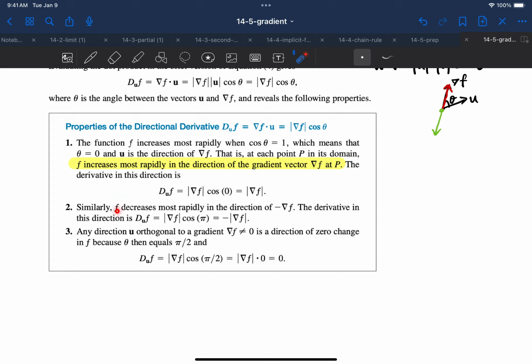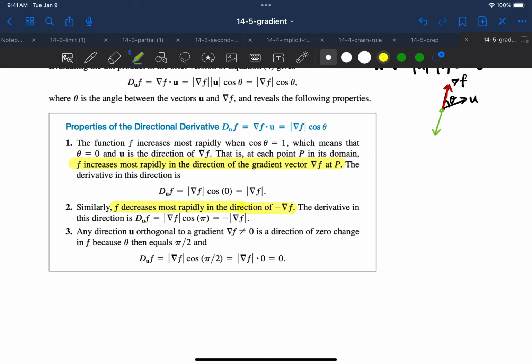If you want to decrease your height as fast as you can, then you take negative gradient f, because when you look at cosine theta, you want it as small as possible, and the minimum of cosine theta is negative 1 when theta is pi, or 180 degrees. So D_u f is the magnitude of gradient f times cosine pi, which is negative the magnitude of gradient f. So the conclusion is f decreases most rapidly in the direction of negative gradient f.